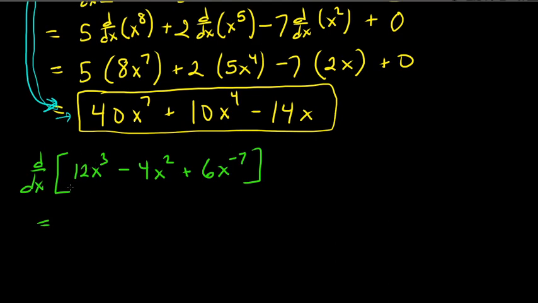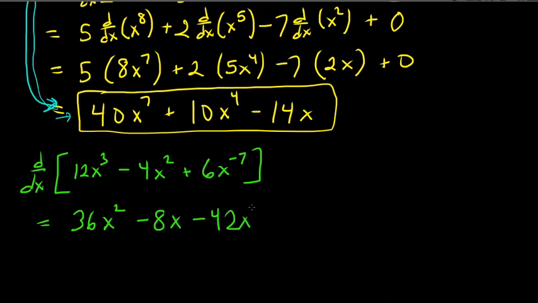So how do we do this all at once? Remember, the 12 is a constant, and then we just multiply by the derivative of x cubed, which was 3x squared. So 12 times 3 is 36 times x squared. And negative 4 times 2 is negative 8. And the derivative of x squared is 2x, so x to the 1. 6 times negative 7 is negative 42.